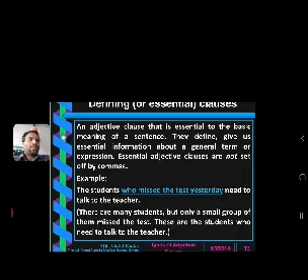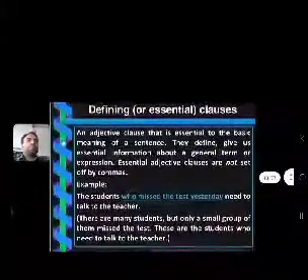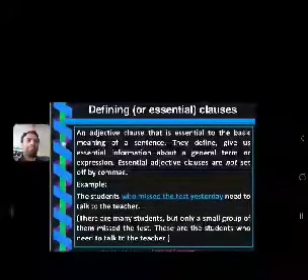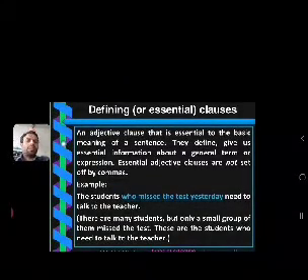who missed the test yesterday needed to talk to the teacher. Here, the part which is underlined in blue is an essential part of the sentence. Without this part, the sentence would not make sense. For example, "the students needed to talk to the teacher."